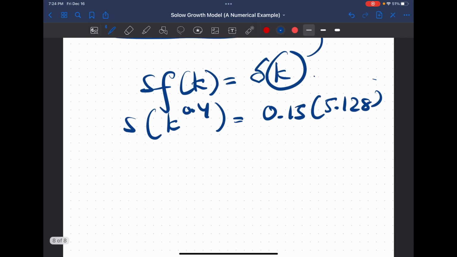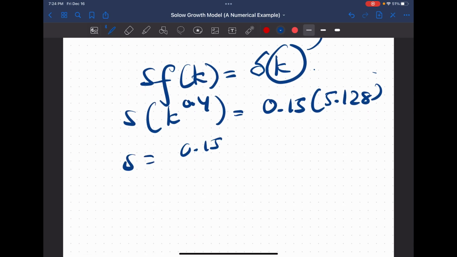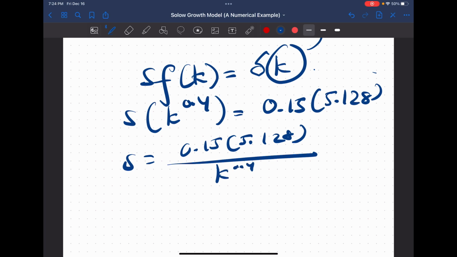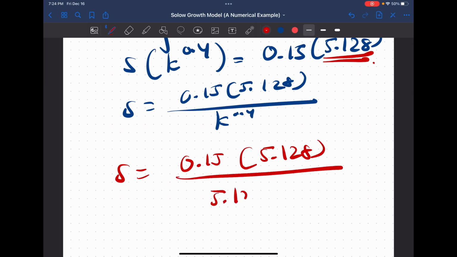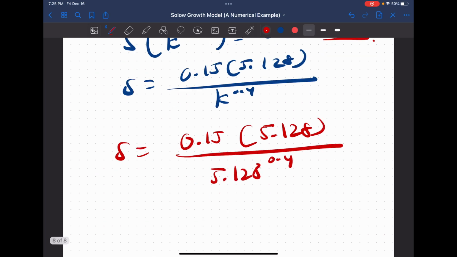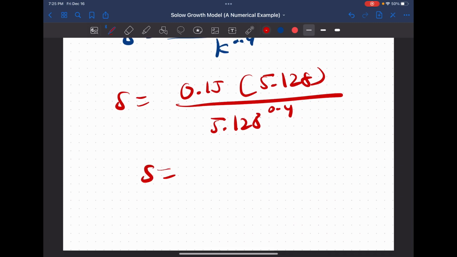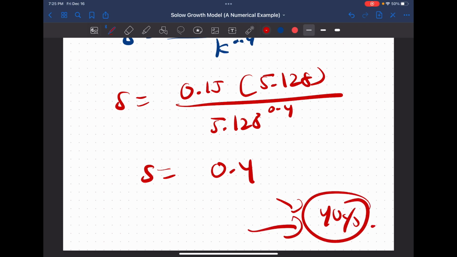So then s is simply, this is just simple math, 0.15 times 5.128 over 5.128 to the power of 0.4, and plug that all into a calculator, and our savings rate is 0.4, which is 40%. So a savings rate of 40% maximizes consumption.